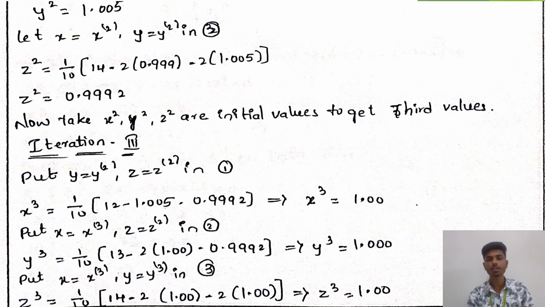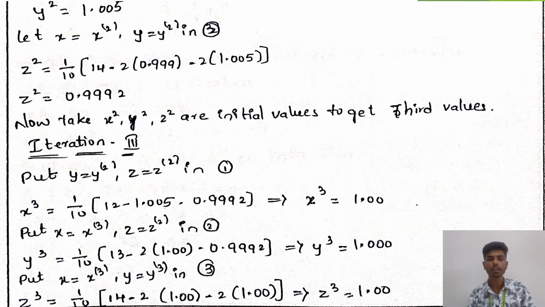Now take x2, y2 and z2 as the initial values to get the third iteration values. In iteration 3, put y is equal to y2 and z is equal to z2 in equation 1. Then we get the x3 value: x3 is equal to 1 by 10 into 12 minus 1.005 minus 0.9992, so x3 is equal to 1. Put x is equal to x3 and z is equal to z2 in equation 2.